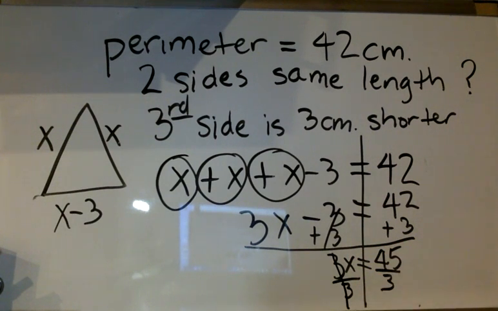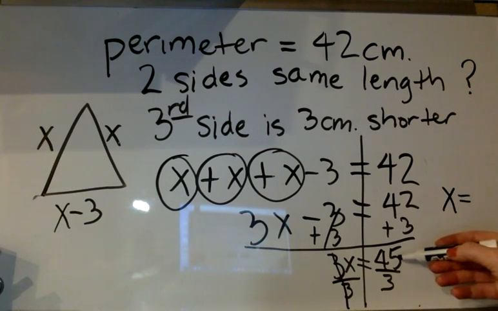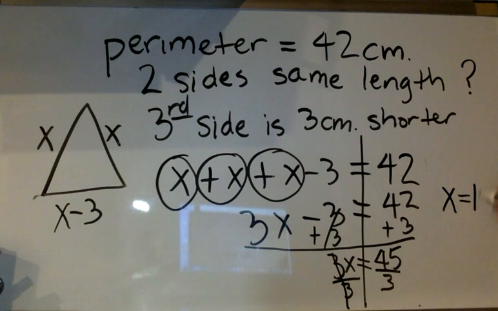This cancels because division by 3 undoes multiplication by 3, and I end up with just x on this side, which I can't fit here anymore, so I'm going to put it up here. So x is going to equal 45 divided by 3, which is 15. So it looks like the side lengths here are 15 centimeters.